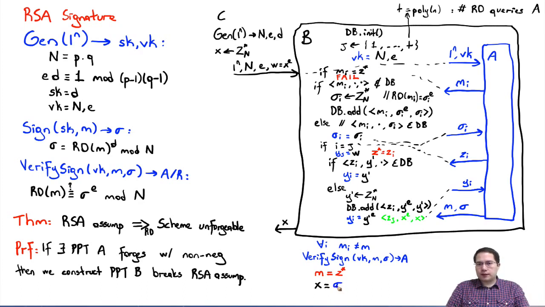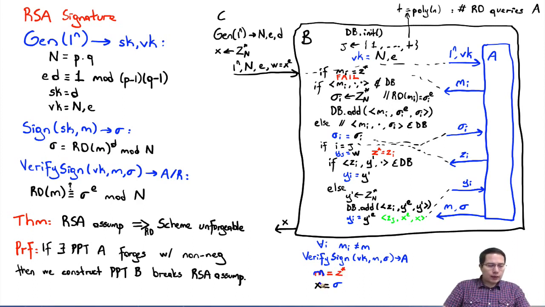If the adversary wins, and in addition the m that the adversary forged the signature on is indeed z star, then adversary B wins. So if adversary A wins and A forges a signature on z star, adversary B wins.